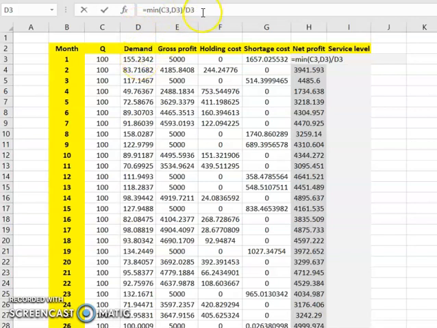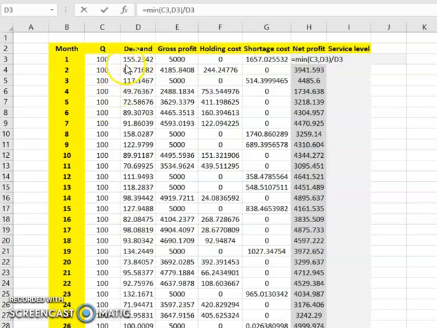But the satisfied demand is the minimum amount between Q and demand. If Q is greater than demand, the satisfied demand is demand, but if demand is greater than Q, the satisfied demand is Q. Makes sense.